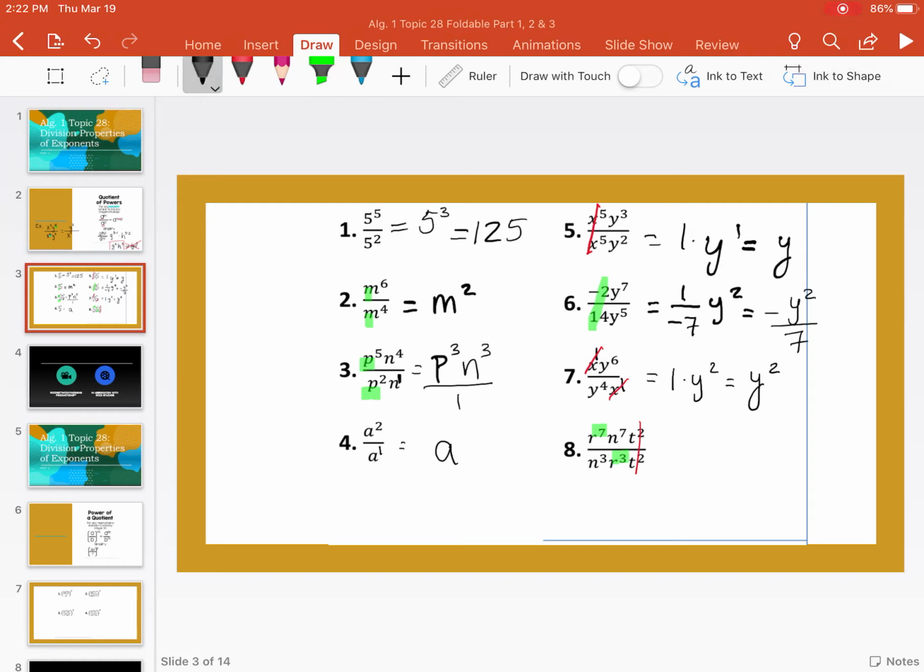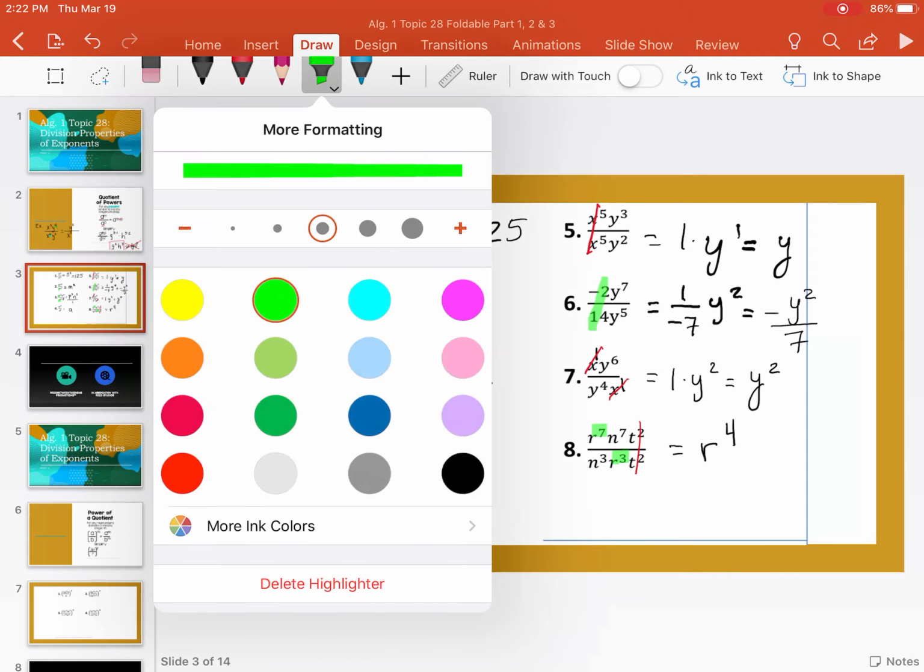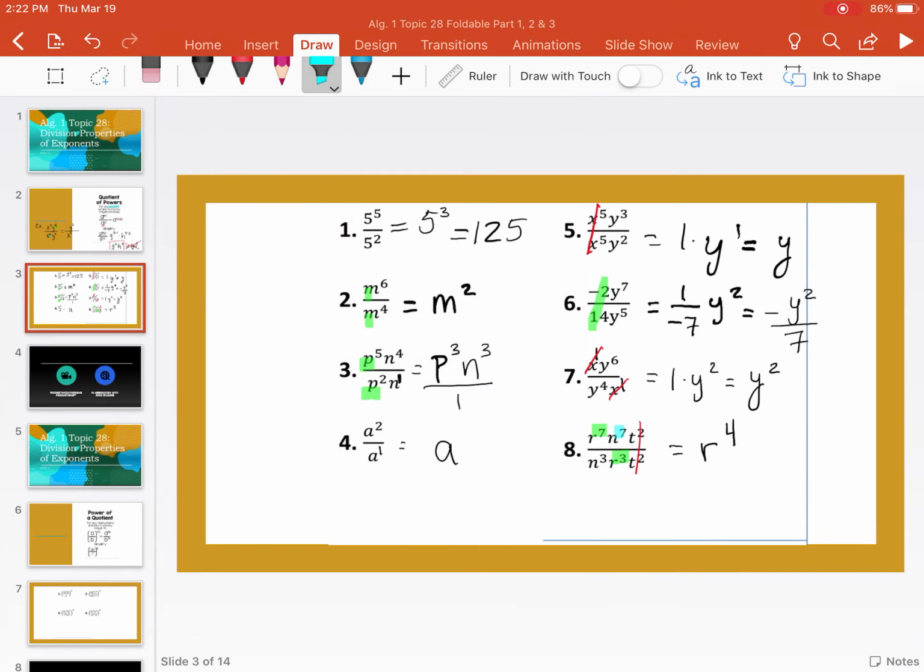So 7 minus 3, since we have the same base of r, is going to give us r to the 4th. And then we have n to the 7th, n to the 3rd. So that's going to be n to the 4th. And that's it, since our t squareds cancel. They reduce to 1, I should say.